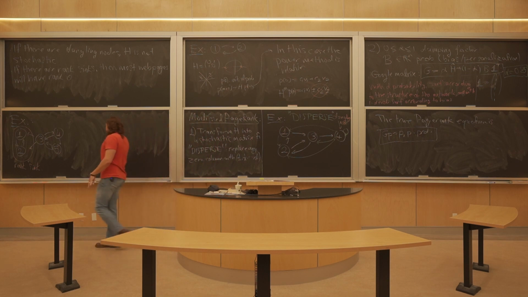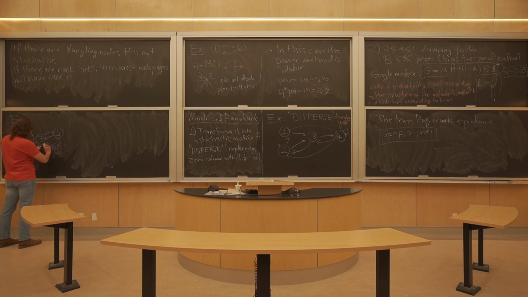I want to keep that rank sink over there because I want that to be an issue. Let's keep 3 as well. I'm going to erase this and put this. And let's say I have another one, 6 here.